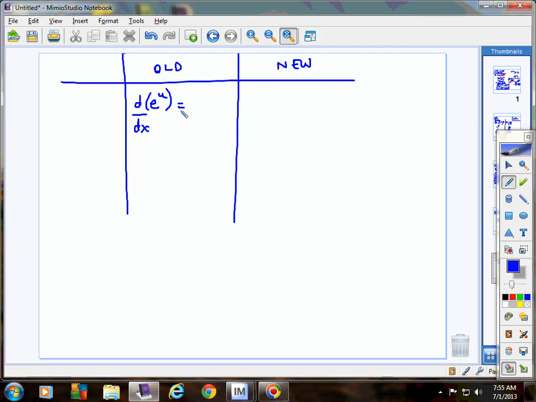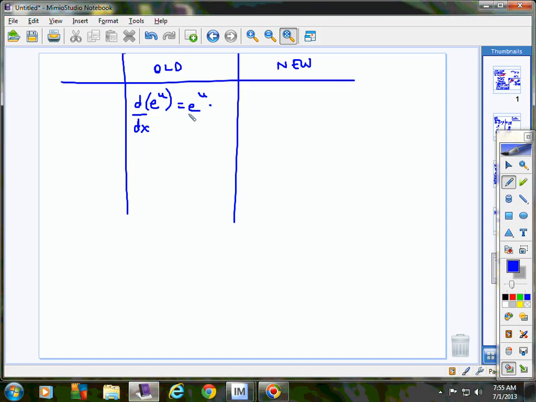It could just be x, but it might be more than that. So we've said the derivative of e to the u is e to the u. It's just itself. Times what? The derivative of what? Its inside, right, which is the u. So times du dx. Itself times the derivative of its power.